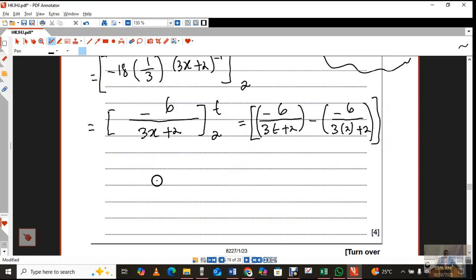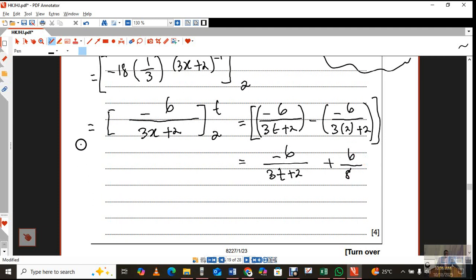So what does this give me? This is negative 6 over 3t plus 2, and the second part becomes a positive, and if you work it out, it's positive 6 over 8.